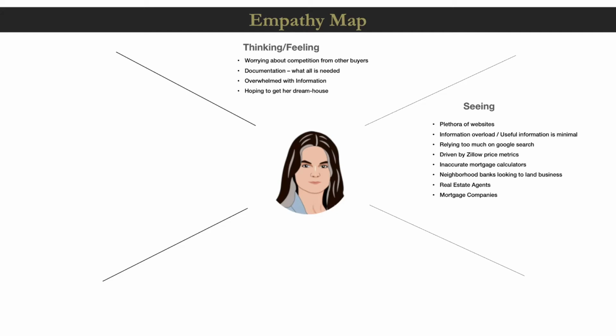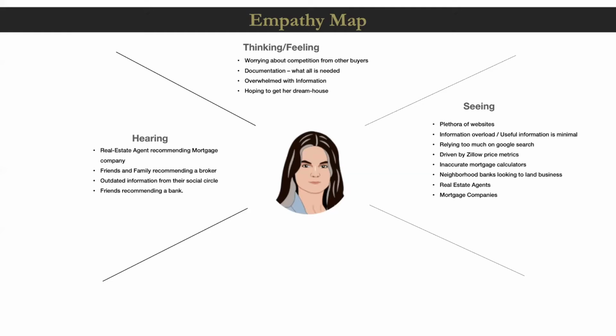Maybe what you find on the internet isn't accurate or correct. Neighborhood banks, because they're easily accessible, you might walk in to those banks and they would want to land that business. Real estate agents and mortgage companies, there's so many out there. They're just getting so much information.